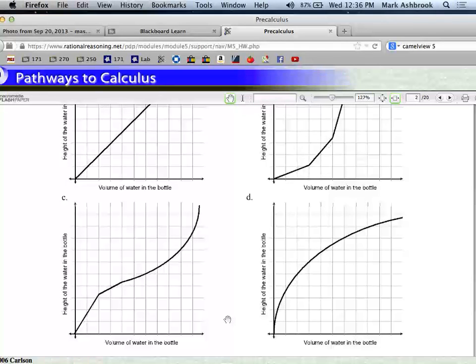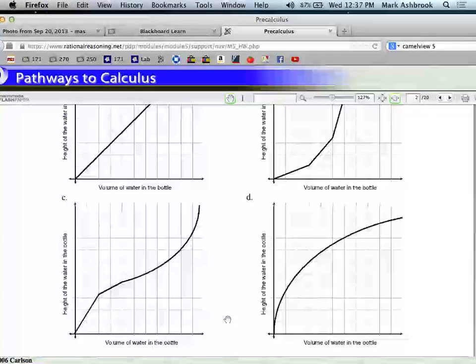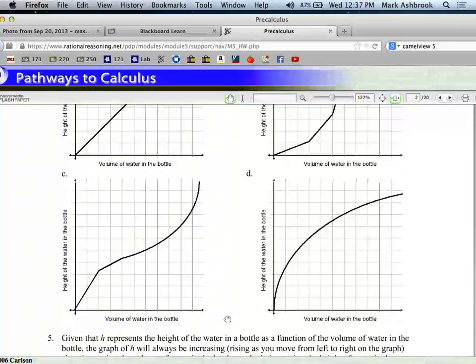You're going to look at equal changes in volume and analyze the resulting changes in height, and then you're going to draw the bottle. So it's going the other way, but you apply the same method to do it. So do number 1. We're going to sketch the graph of the height of the water of the fishbowl, and then part C, is this number 4? 4C, where you're going to do the same analysis, increment by increment, and then draw the bottle as a result. Okay, and you do that while I take roll, okay?